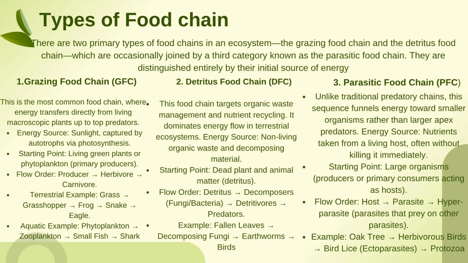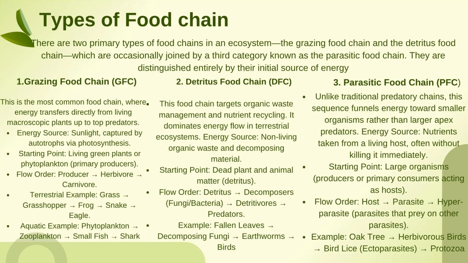The flow order will be producers, then the herbivores consuming that, then comes the carnivore. An example for this is the grassland or terrestrial food chain. And in aquatic, we have phytoplankton, again consumed by zooplankton, then small fish, then the shark.